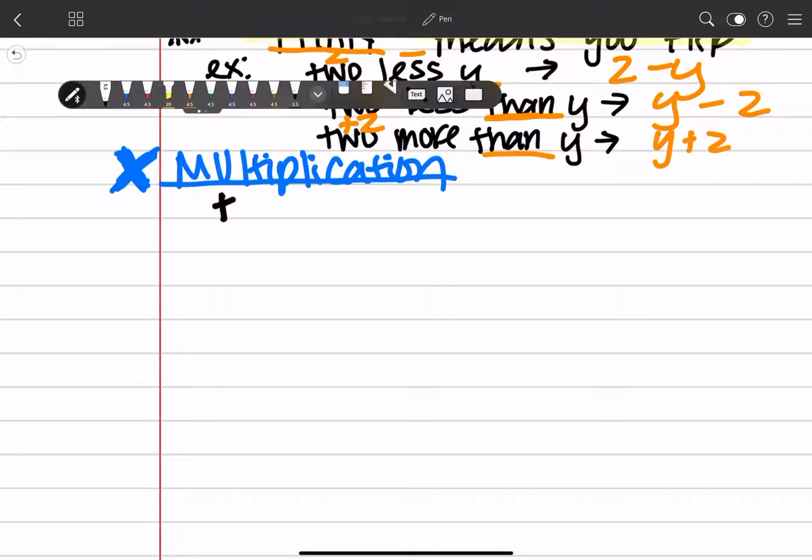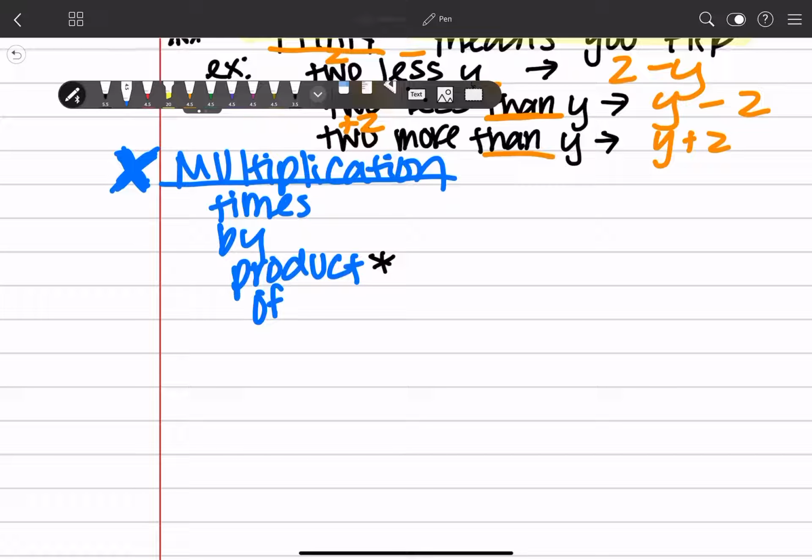All right, so we've got our most basic one, times by. So like a 4 by 6 would be 4 times 6. Product. This one is going to be one of our 1 stars because the order matters. So the product of 5 and 7 would be 5 times 7. Of and twice.